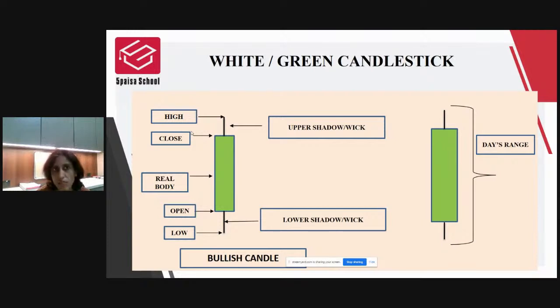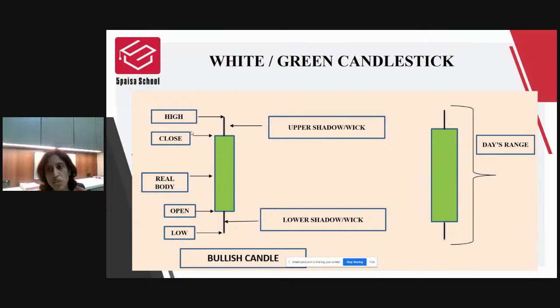Let me tell you at the very outset that white or green, whatever may be the software, essentially refers to the bullish, and the red or the black refers to the bearish. That is very important for you to understand and identify while you are looking at the chart.